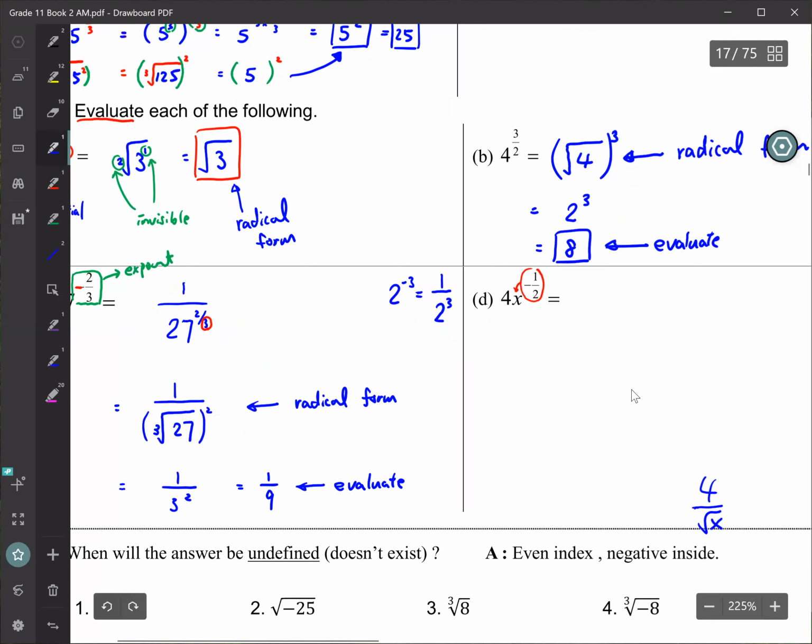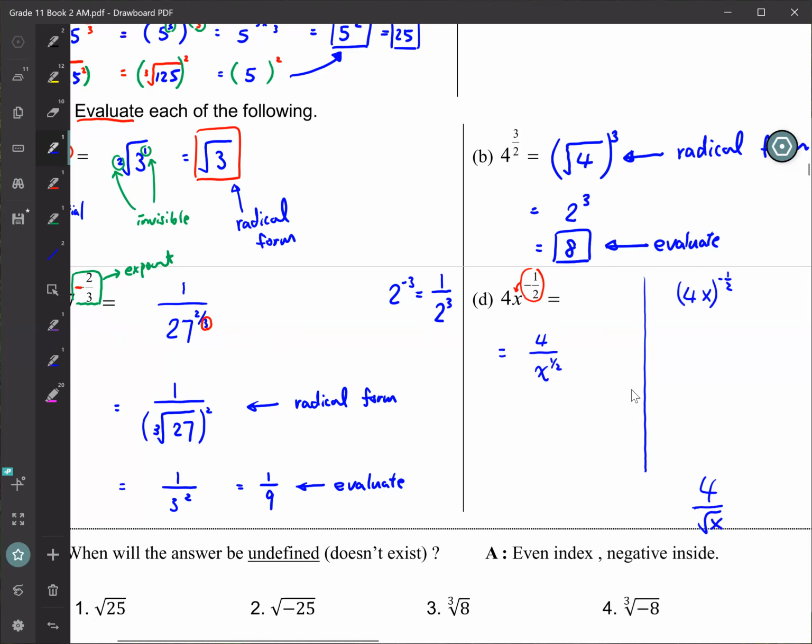Compare with a question like this one. One has brackets, one doesn't. Because it doesn't have brackets, only the x can be moved to the other side. So your first step will be 4 over x to the half. Only the x has an exponent. And then the denominator becomes the index.